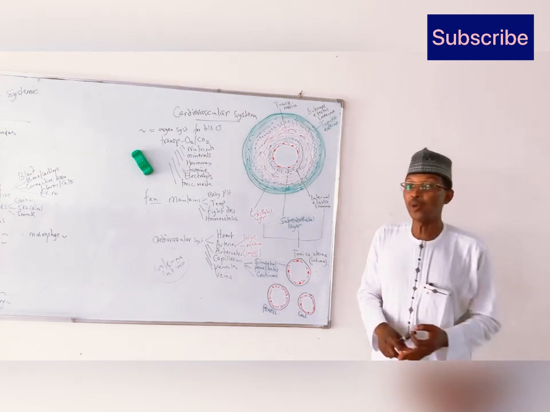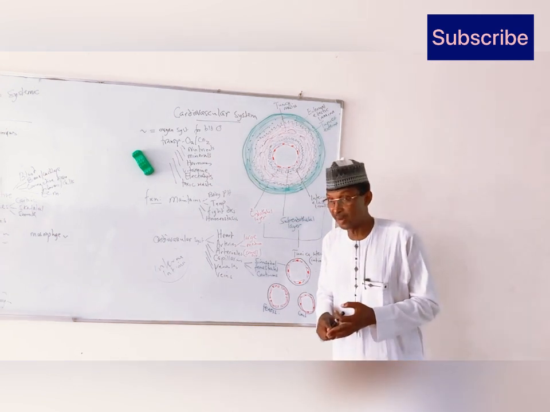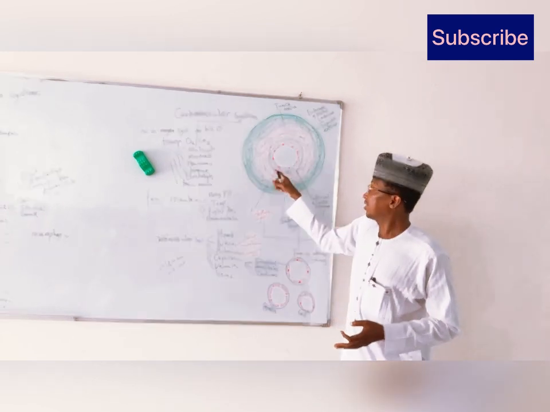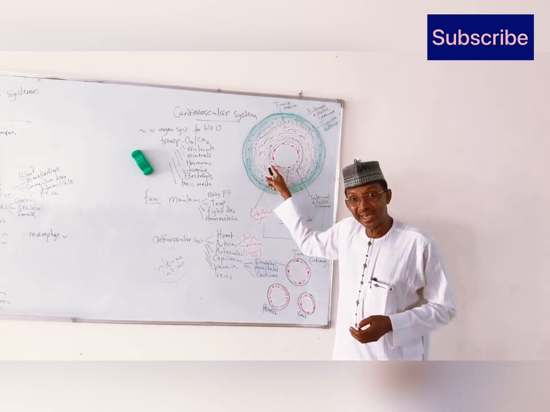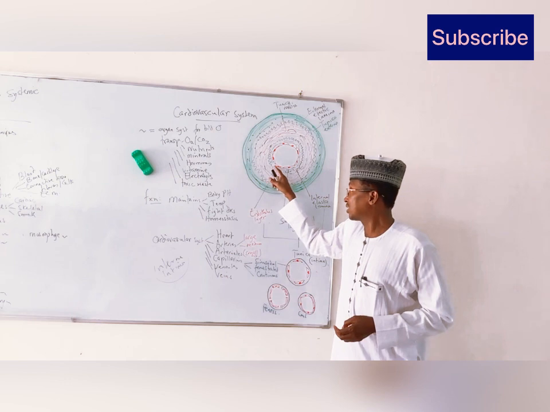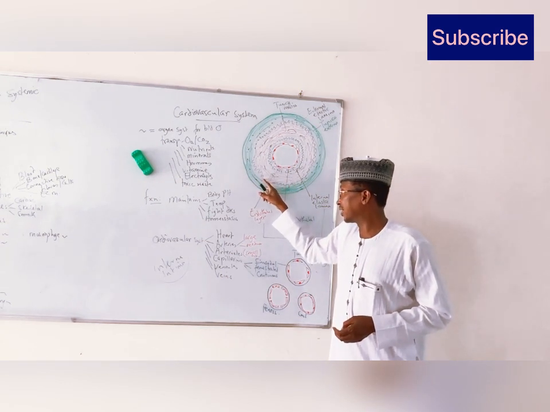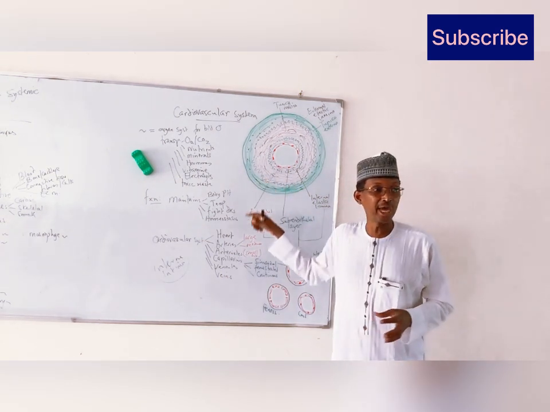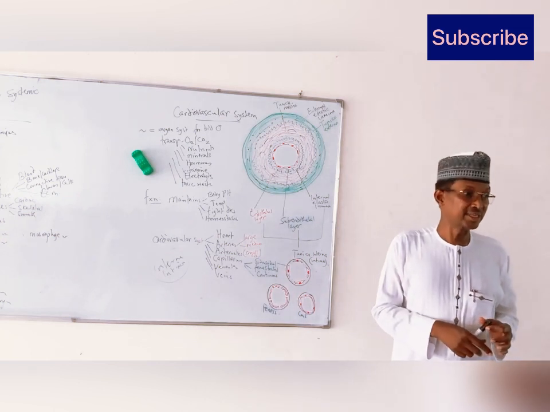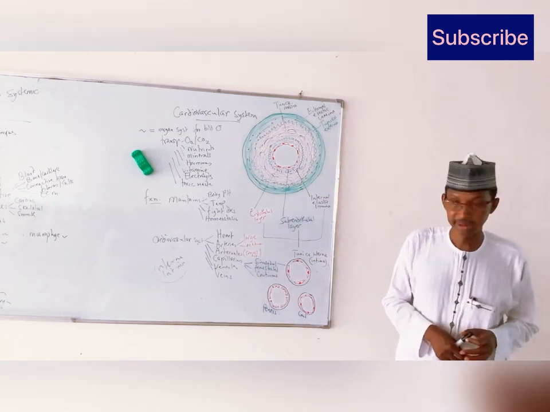We also have connective tissue cells. You get my point? So here, the tunica interna, internal elastic lamina and the external elastic lamina, they are all made up of these elastic fibers.